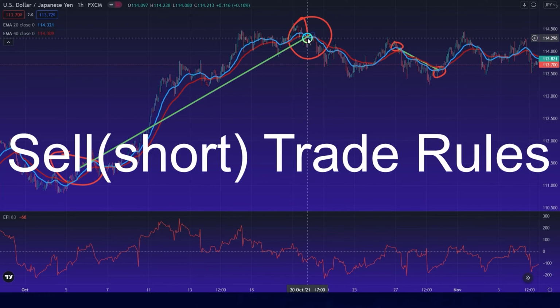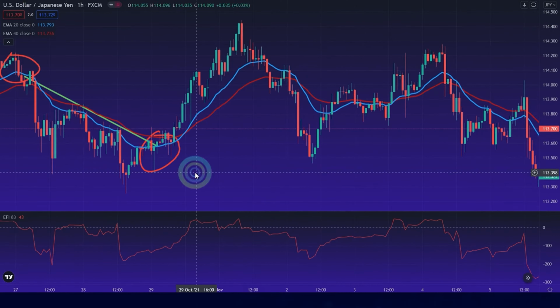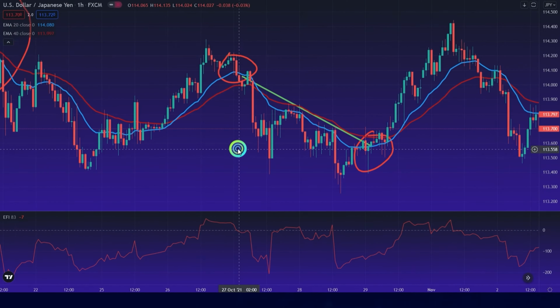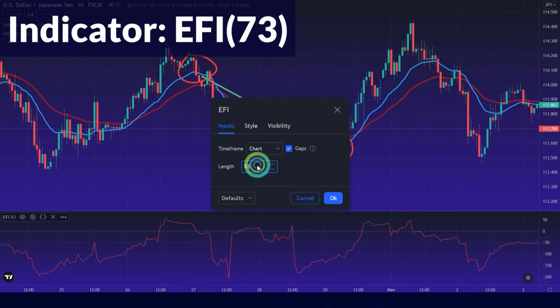The sell trade rules are really similar to the buy trade entry and exit rules, of course, and now I tell you all the details about them. So first of all, you will need an Elder's force index, but with a different period than with the buy trade entry. And it is because buy and sell trades are so different in every market and in the Forex markets too.